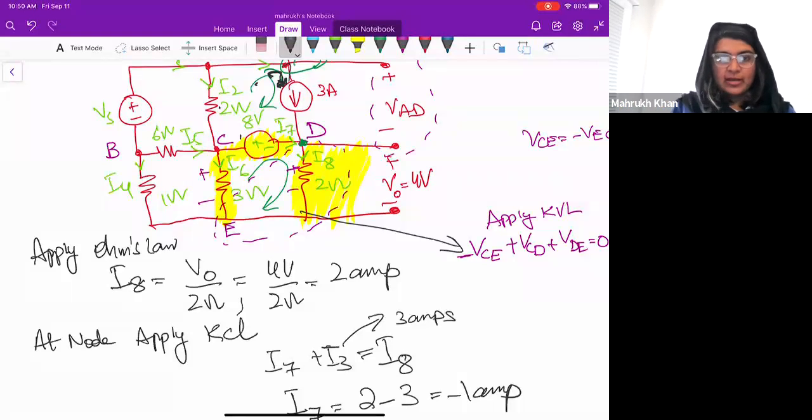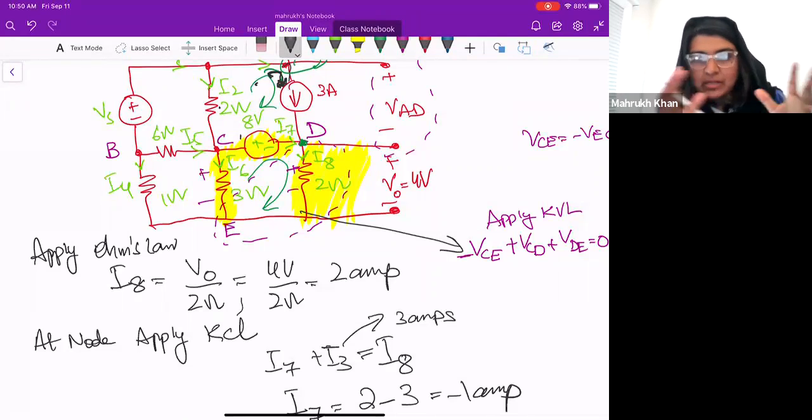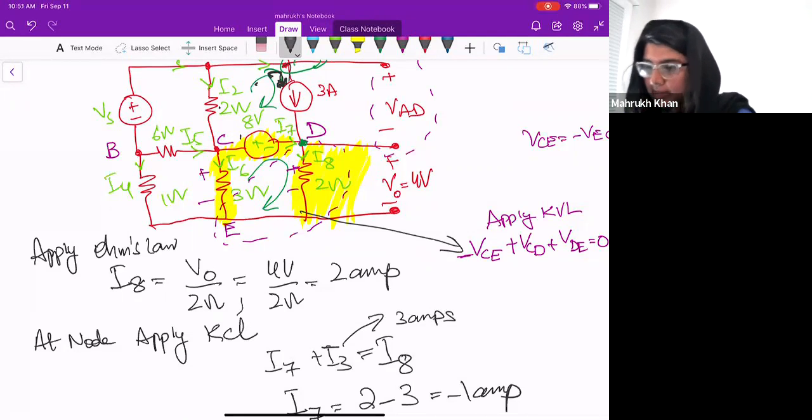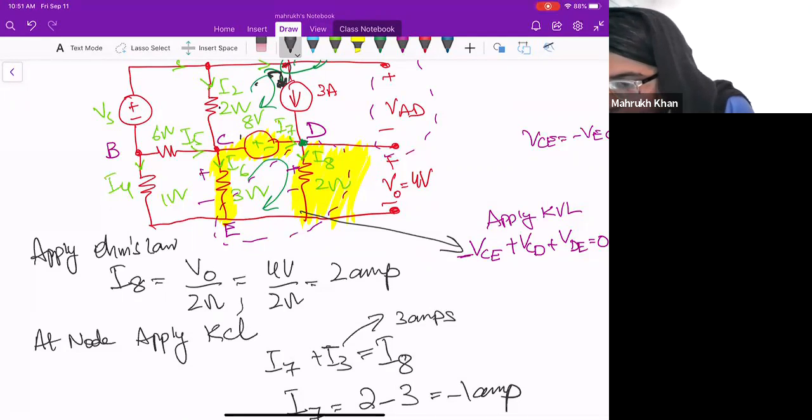So let's try to find I4, but as all three of them are coming, still in the node E, they should be equal to 0. Maybe someone is negative, someone is positive, we don't know, but all the directions are coming. So let's write KCL like that, okay? So at node E, sometimes we forget about this, but this is also an important node.